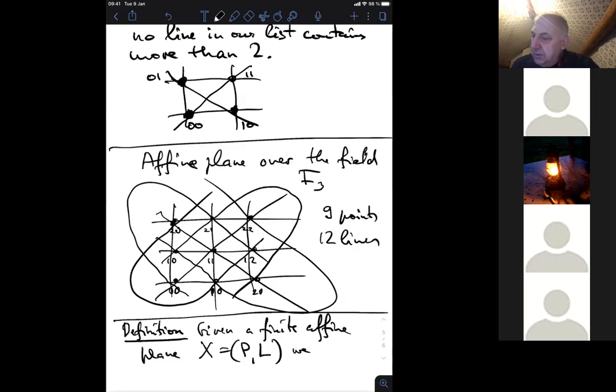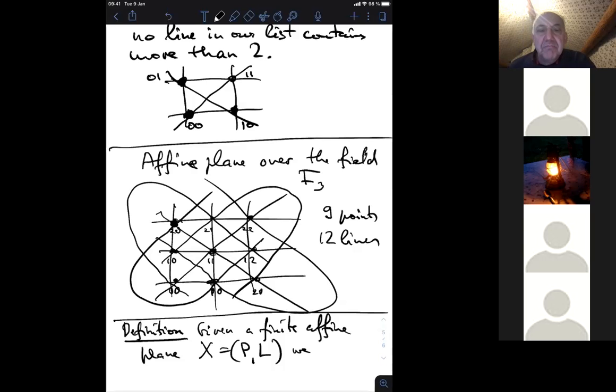Which ones, tell me the numbers. (2,0), (1,0), and then (2,1).